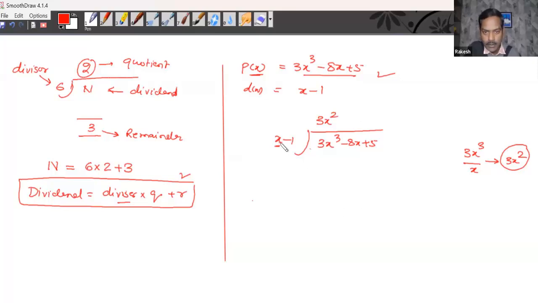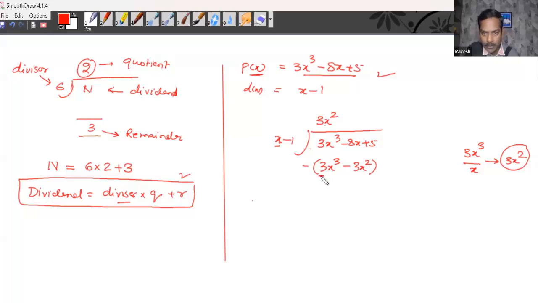Now we know that this, when multiplied by this, I'll be getting 3x cubed, right? Then next, minus 1 multiplied by this, I'll be getting minus 3x squared. This thing would be deducted from this. Clearly, if there's a minus sign here, this will become minus 3x cubed and this will become plus 3x squared, right?